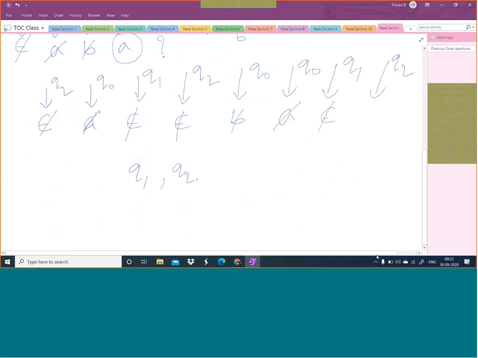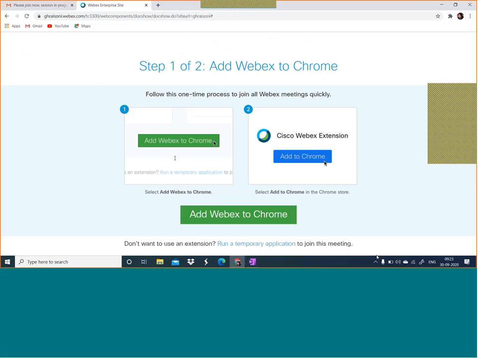See Q2 on epsilon, it can go to Q0. And in Q0, it has not defined for epsilon, so finally it stops in Q0. So it can stop in Q1, or it can stop in Q2, or it can stop in Q0.